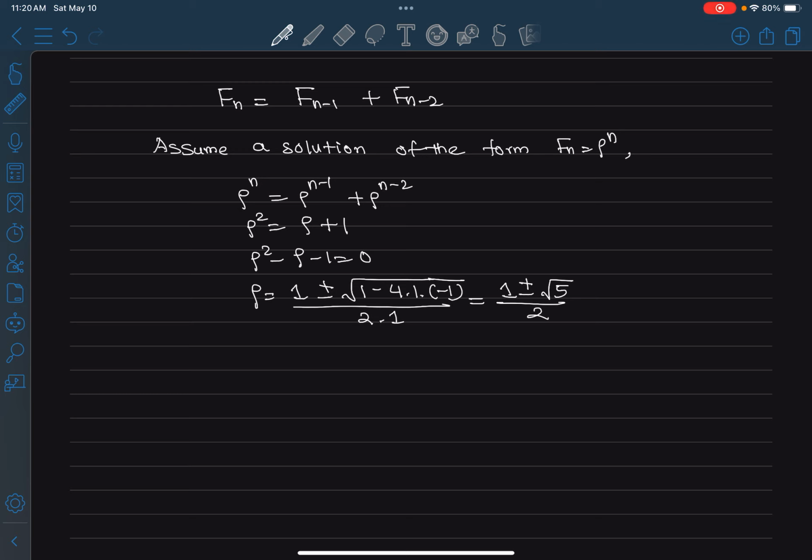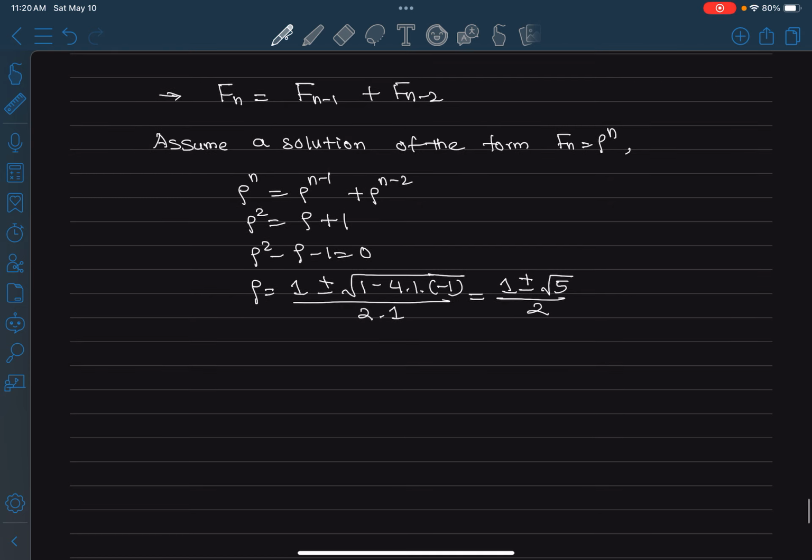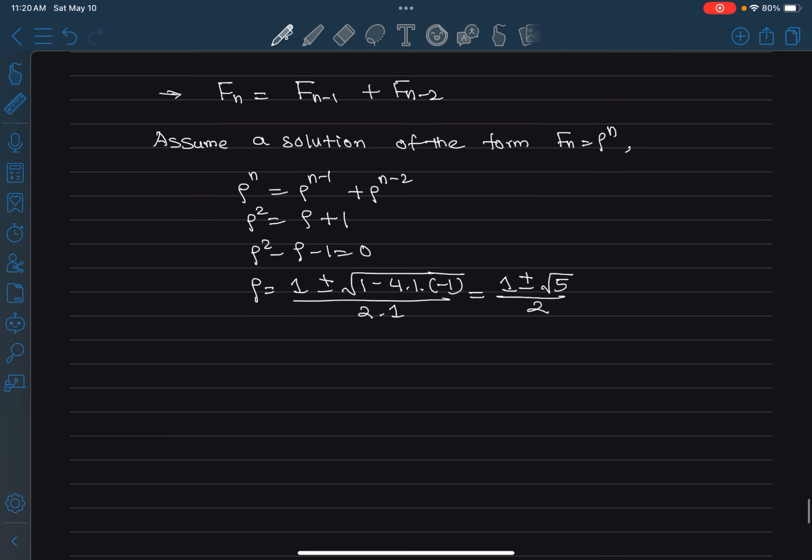And for both of those, rho to the power n actually satisfies this recurrence relation. So we see that both some constant times ((1 plus root 5) by 2) to the power n, and some constant times ((1 minus root 5) by 2) to the power n, satisfy the recurrence.